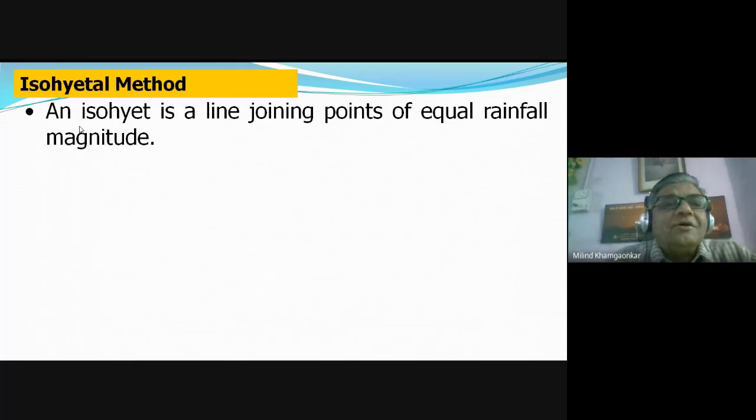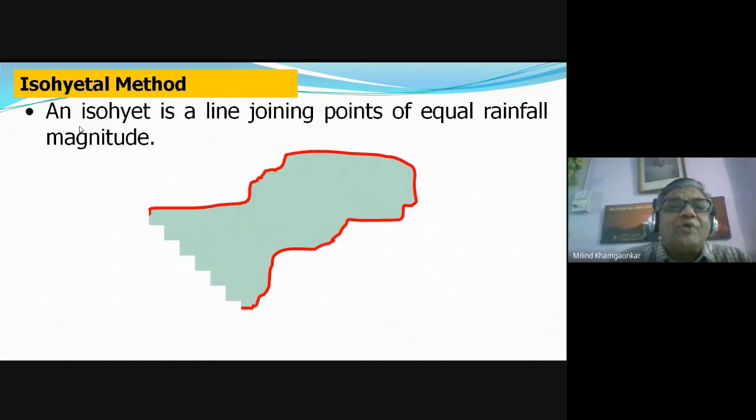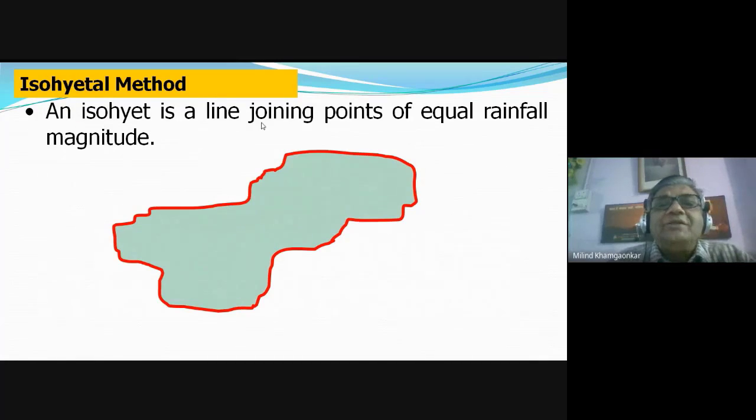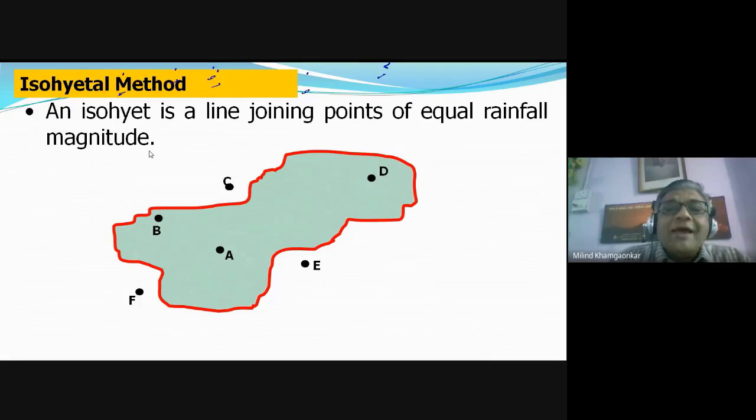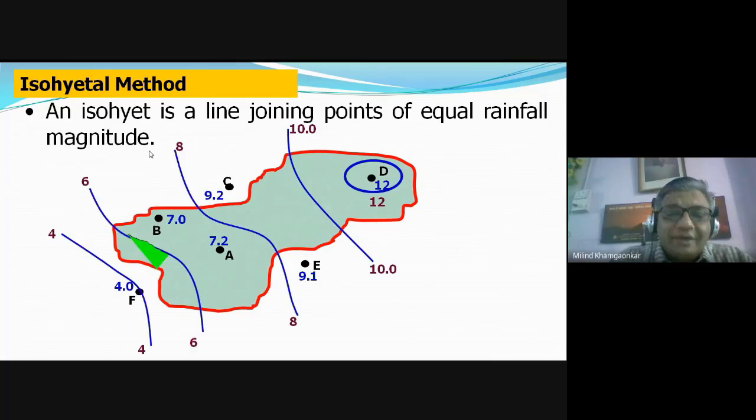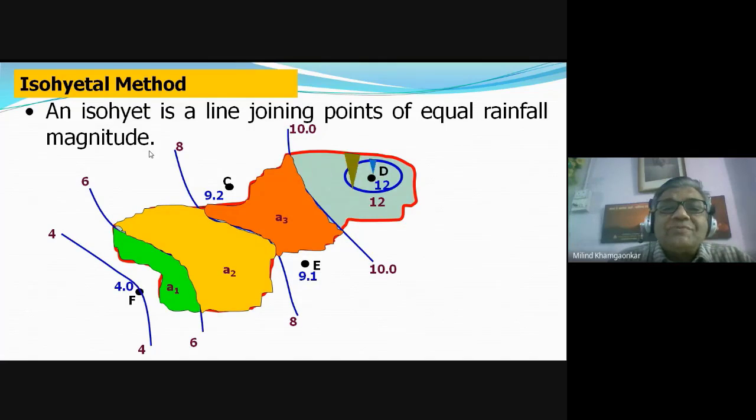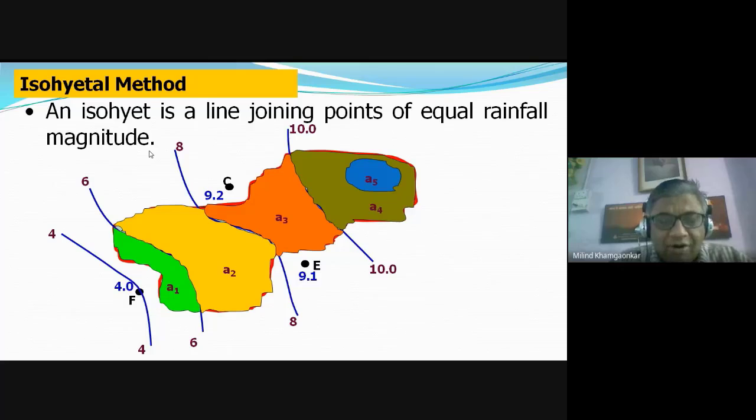And the third, or the last, is the isohyetal method. An isohyet, friends, is a line joining points of equal rainfall magnitude. As with the Thiessen polygon, the whole catchment area is further subdivided between the various isohyets and is weighed according to those isohyets.